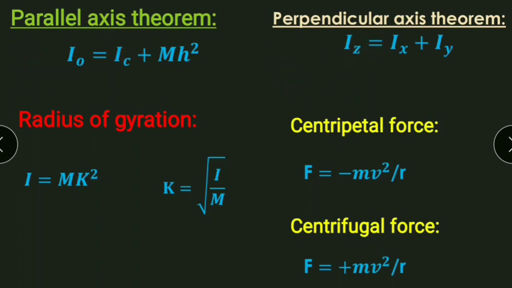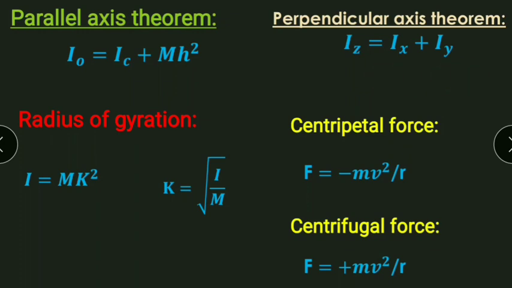Here we have two important formulas: parallel axis theorem and perpendicular axis theorem. Parallel axis theorem gives I_O equals I_C plus MH square. Here I_O is moment of inertia about any axis, I_C is moment of inertia about center of mass, M is mass of the object, and H is distance between these two parallel axes. Perpendicular axis theorem gives Iz equals Ix plus Iy.